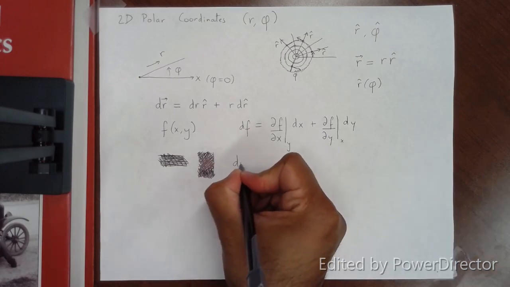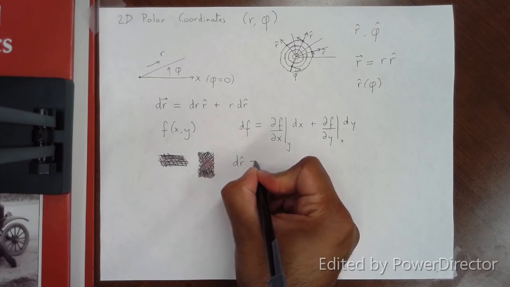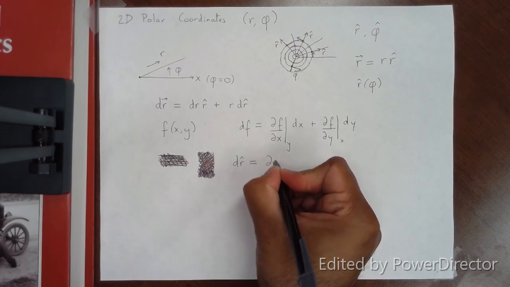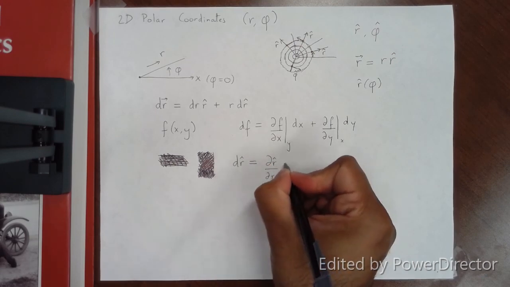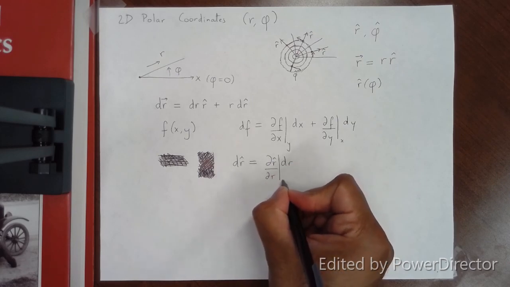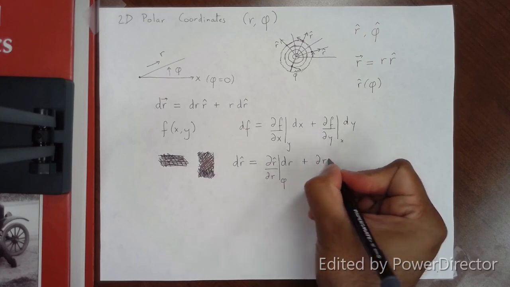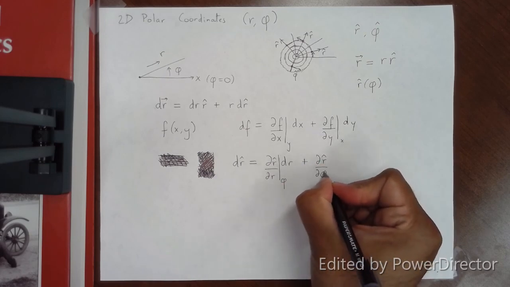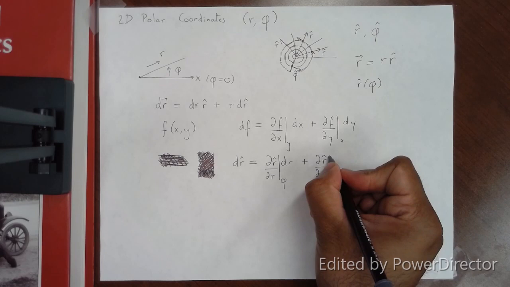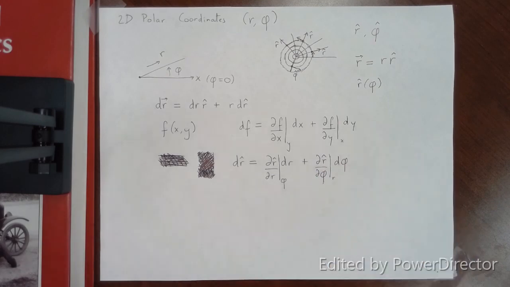Similarly, the change in r hat, which is a function of phi and r, will be partial r hat partial r times dr, this partial derivative when phi is being held constant, plus partial r hat partial phi with r being held constant times d phi.